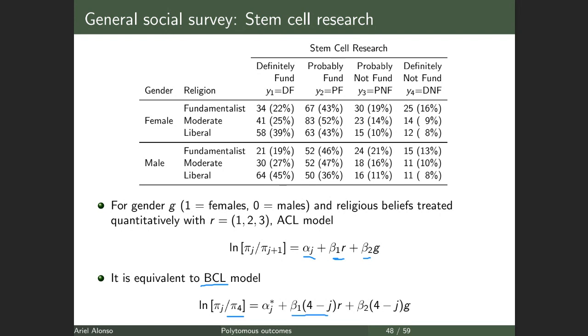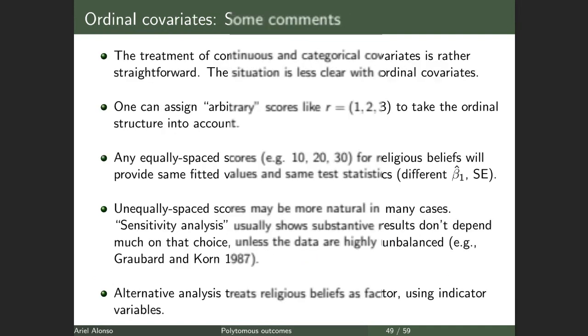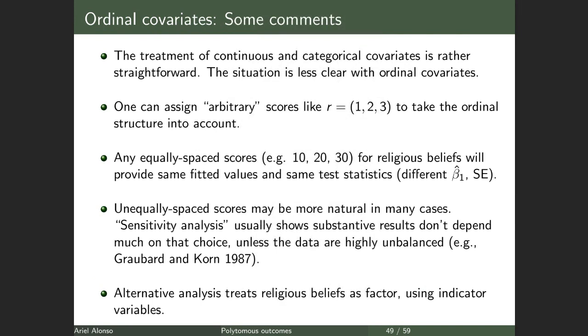So you will have beta 1, but now multiplied by 4 minus j, and you will have beta 2, but now multiplied by 4 minus j. So it's equivalent to fit this model as to fit a base category logistic model with these coefficients. These two are the same. And then you consider definitely not fund as the reference category, but you can consider another one. This is just the one we are considering.